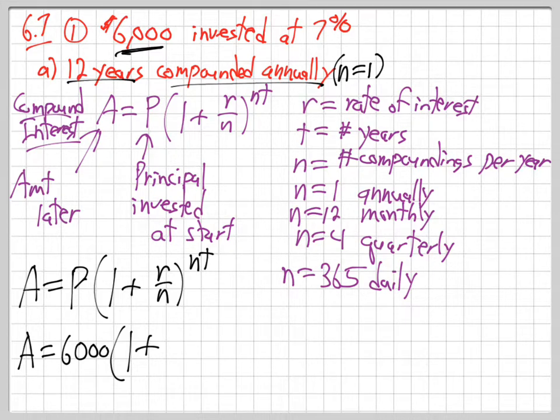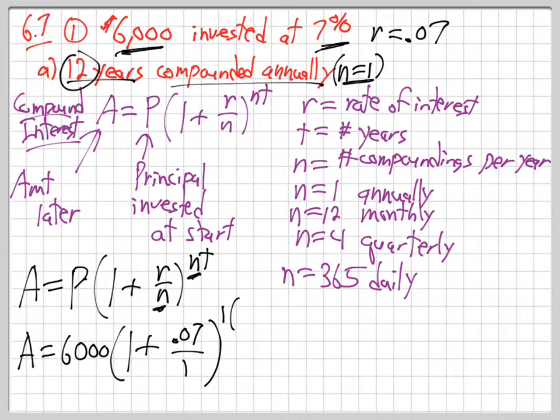The R is the interest rate, 7%. We've got to change that to a decimal, 0.07, over N. N is just 1 in this problem because annually is only once a year. To the N. So N goes in 2 places, here and here. Times T, how many years? 12 years. That's our T. So there's what we're going to put.